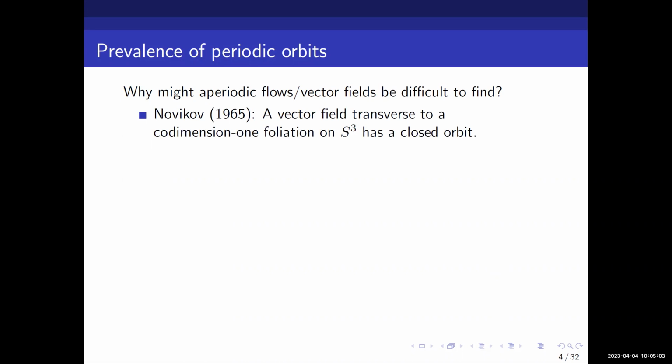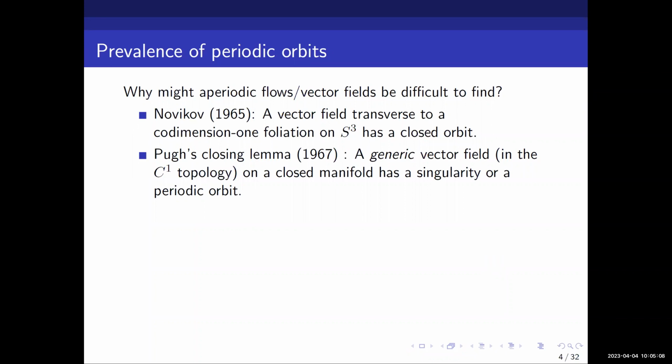There isn't enough room to destroy a closed orbit. If you have any, let's say, C1 flow on a closed manifold, and you perturb it arbitrarily small, you can obtain a flow that has either a singularity or a periodic orbit. So if you're looking at only non-singular vector fields, then this closing lemma will tell you that your generic vector field is going to have a periodic orbit.